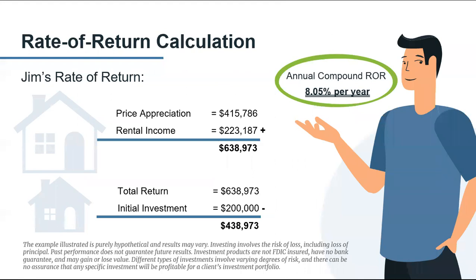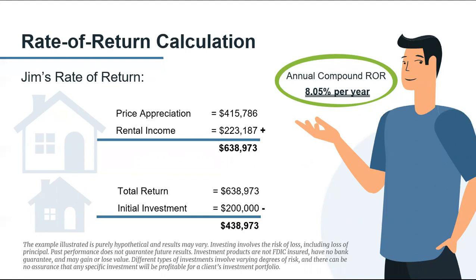So if we add the total rent to the price appreciation over that 15-year time frame, that's $638,973. We're going to subtract out our initial investment of $200,000, and that nets him $438,973. And what that equates to is 8.05% per year annual compound rate of return.